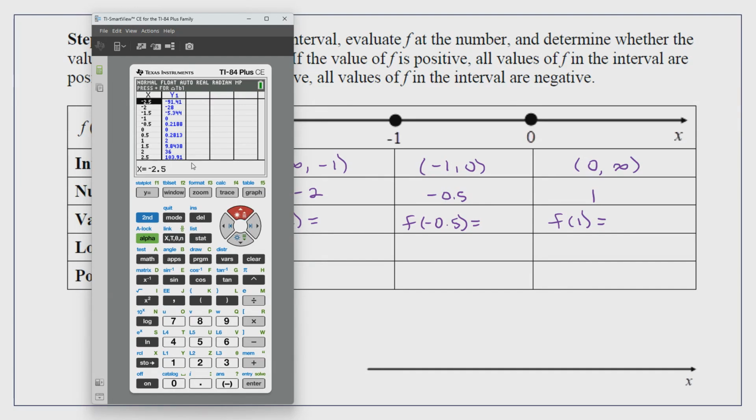If your calculator is not going by 0.5s already, you'll need to reset the change in your table. So you'll go second window to go to table set and change your table difference to 0.5. So when you go to your table, you're now going by 0.5s. We need negative 2, which is negative 28, we need negative 0.5, which is 0.2, and we need 1, which is 2.